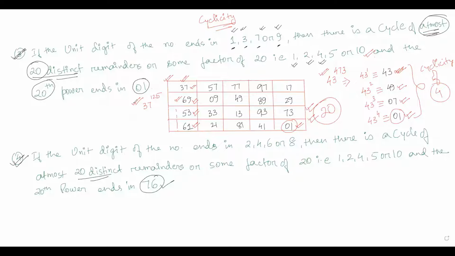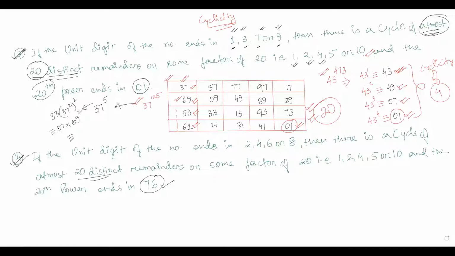For example, the last two digits of 37 raised to power 125 would be the same as the last two digits of 37 raised to power 5. Why? Because it will have a cyclicity of at most 20 distinct remainders. Now, the last two digits of 37 raised to power 5 can be found easily by writing it as 37 times (37 square) whole square. 37 square will give us the last two digits as 69, and there is a square here.